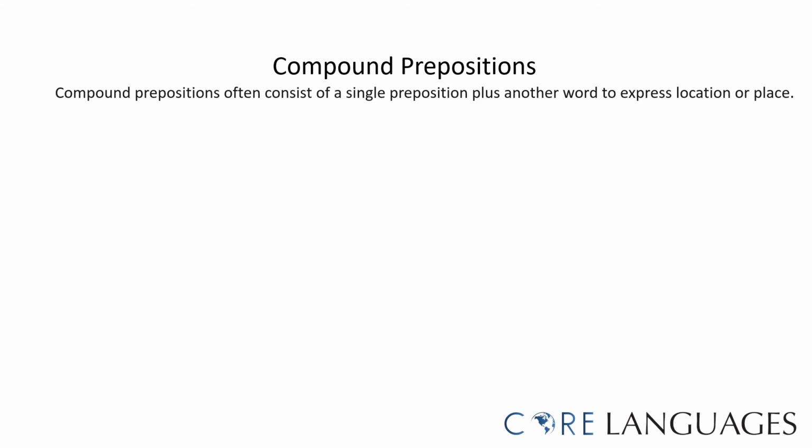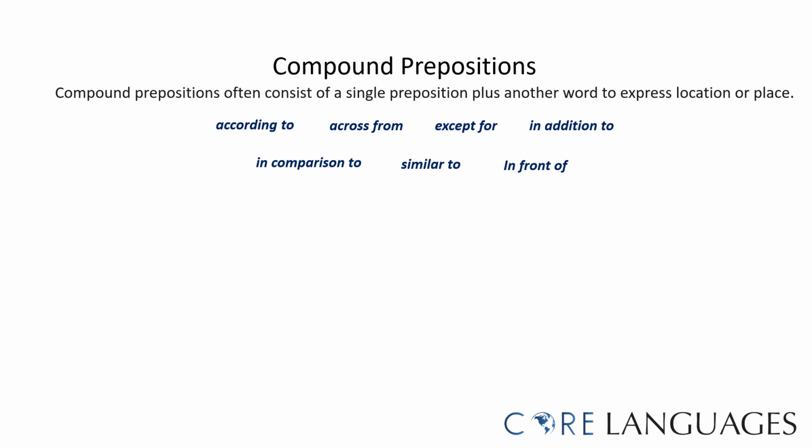They often consist of a single preposition plus another word or another preposition. For example, according to, across from, except for, in addition to, in comparison to, similar to, and in front of.